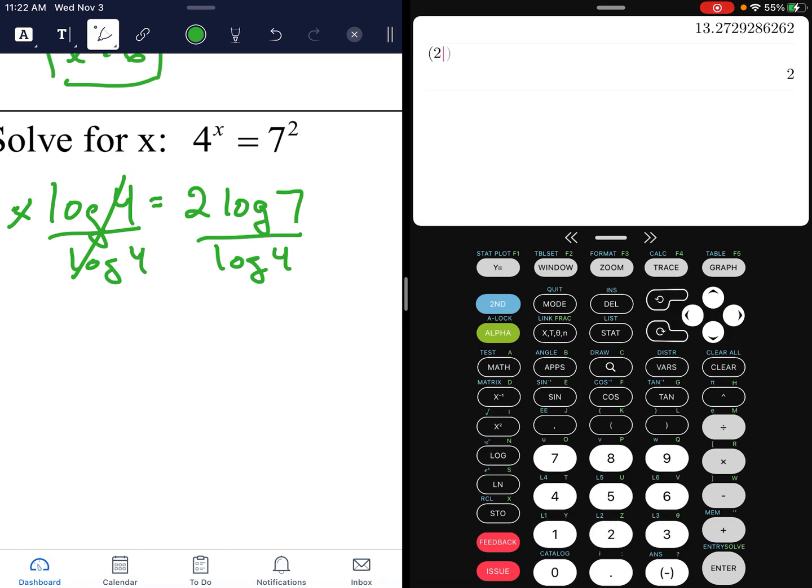So we got 2 log of 7 divided by log of 4. So you get 2.8, or I'm going to round up to 1. So x will equal 2.81.